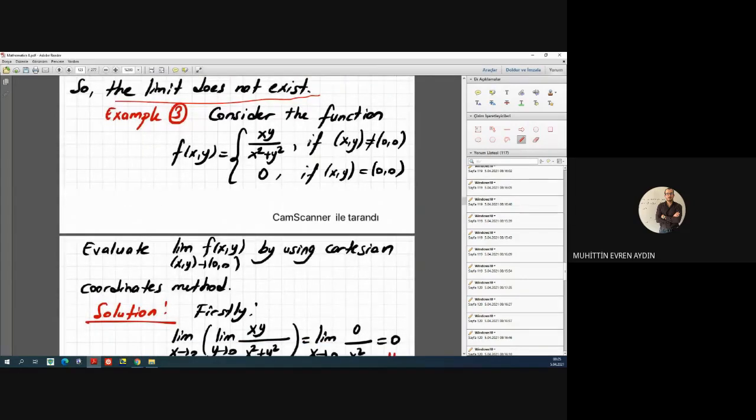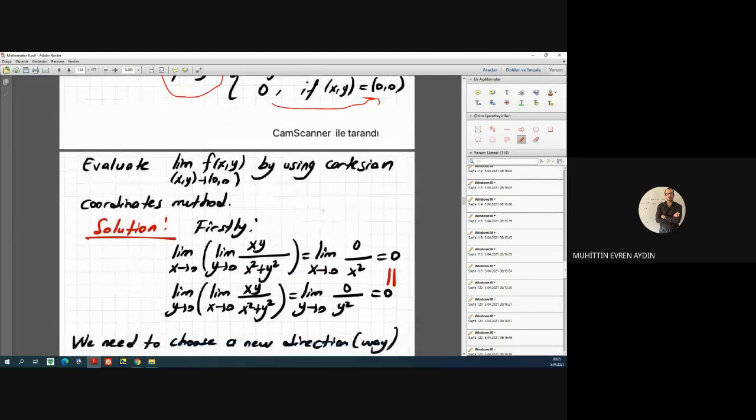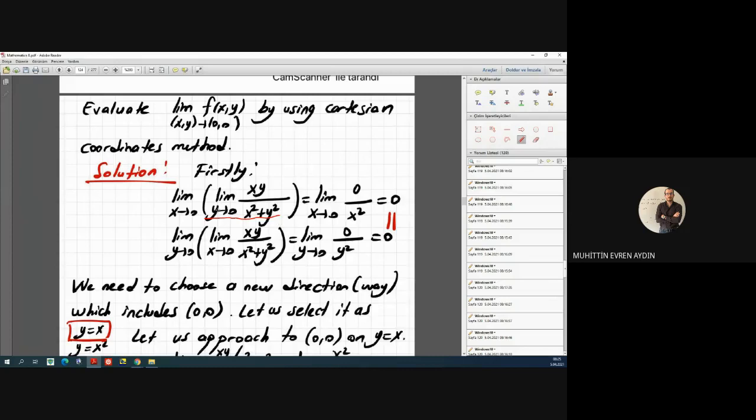Another example. This example is different because the function is defined at the point 0, 0, and we are looking for a limit for that point. Firstly, we approach through the axis y. If we replace y with 0, then we obtain 0.